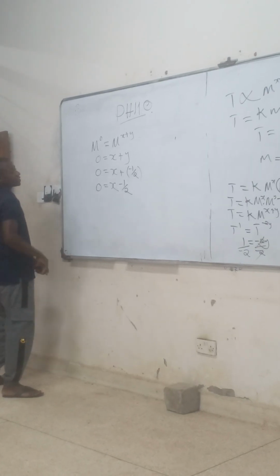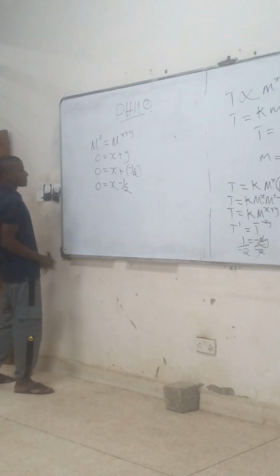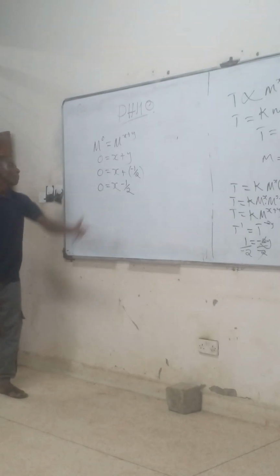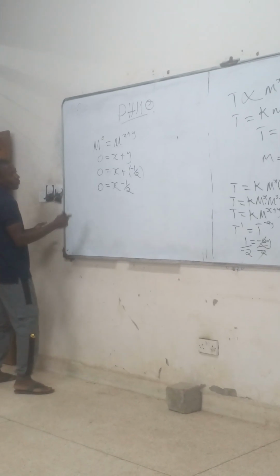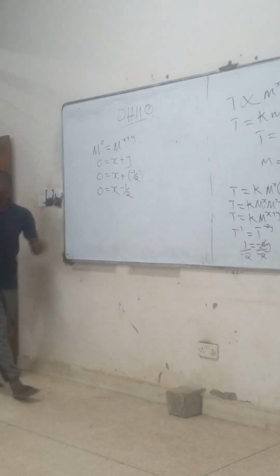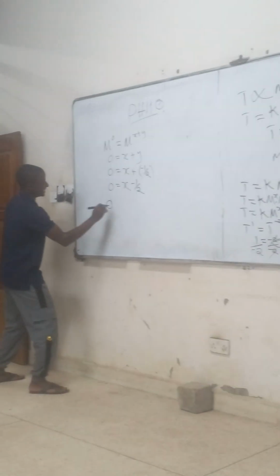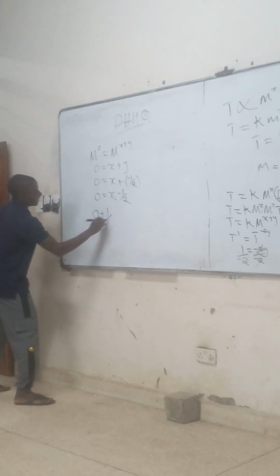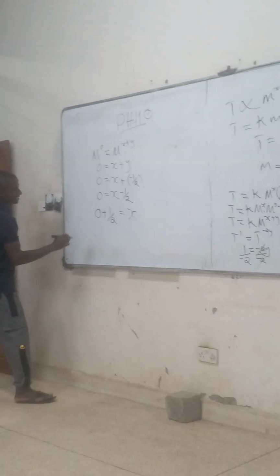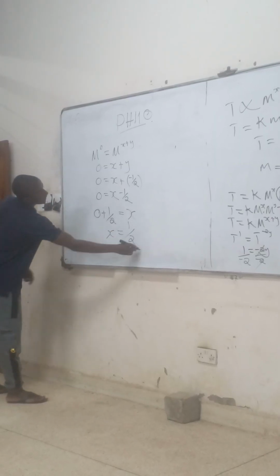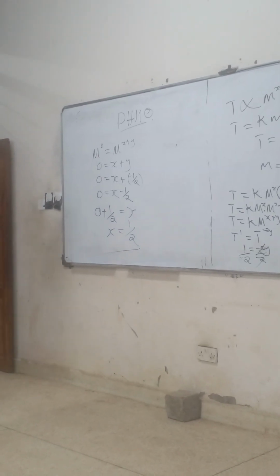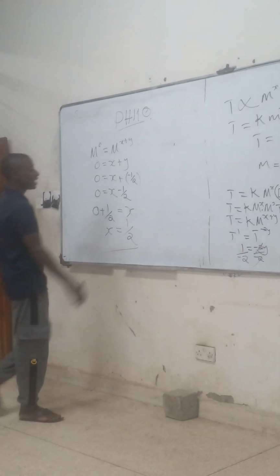So what you are going to do is correct it like that. So your value of x is 1 over 2. Any questions so far?